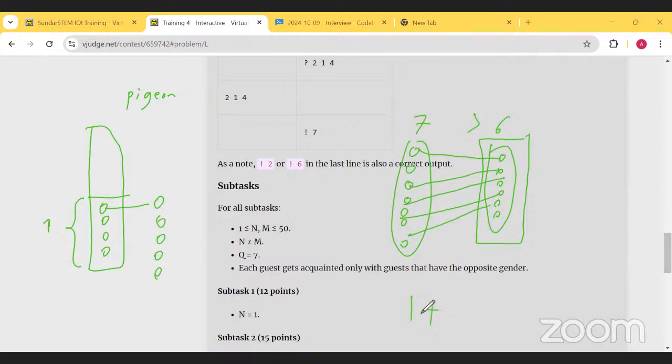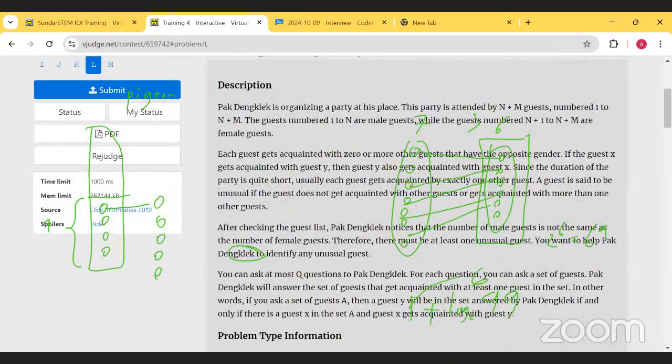So the total complexity is 1 plus logarithmic of the minimum between n and m. The worst case is 49, and the logarithmic is 6, because 2 to the power of 6 is 64, and then 1 plus 6 is 7. Okay, any question about the solution?